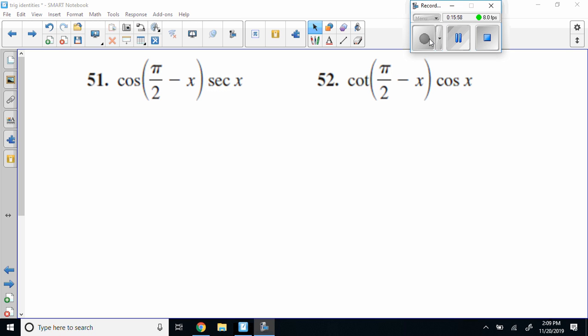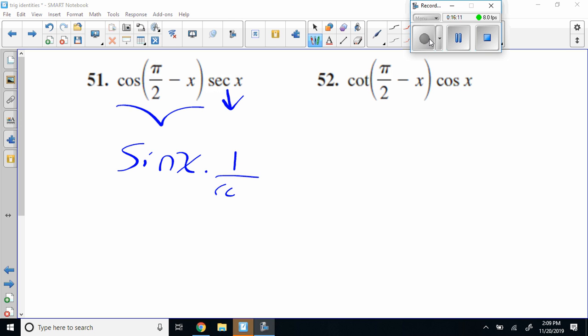All right. Now, cosine power 2 minus x. What does that really simplify to? This right here becomes sine x. And this secant becomes 1 over cosine. Ladies and gentlemen, when you do this right here, that's sine x over cosine x.